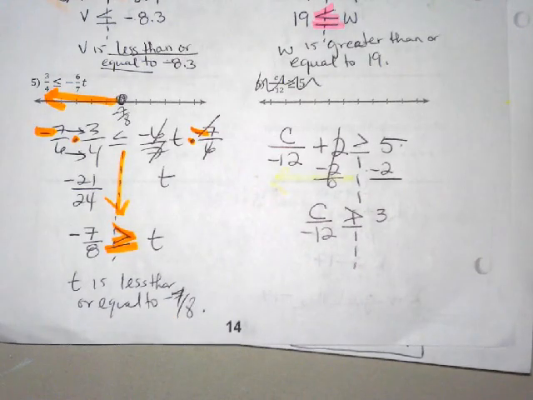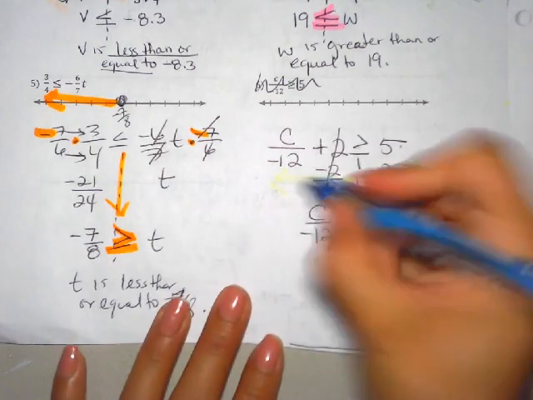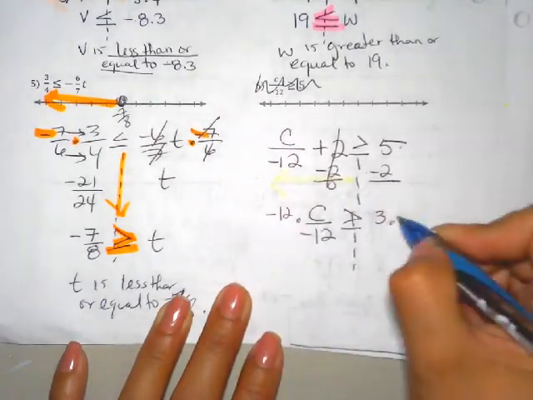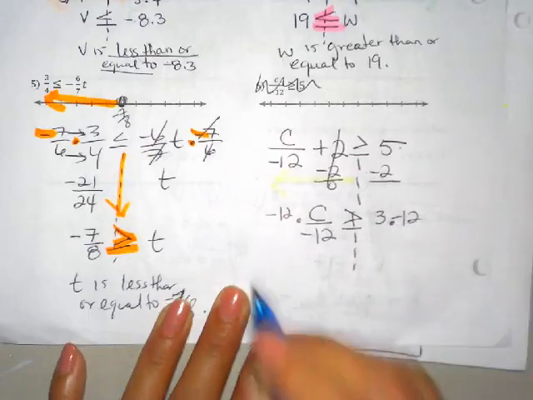Now what do I have to do, Maxine, to get C by itself? By negative 12. You're going to multiply by negative 12.